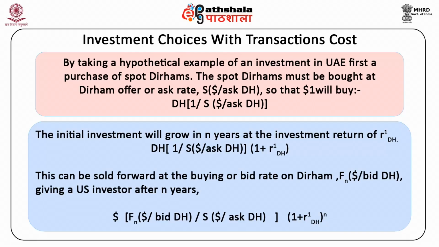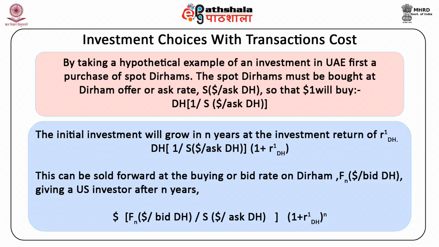The initial investment will grow in n years at the investment return of R dirham. It can be represented as dirham 1 by the spot dollar per ask rate of dirham, times 1 plus the return on dirham.